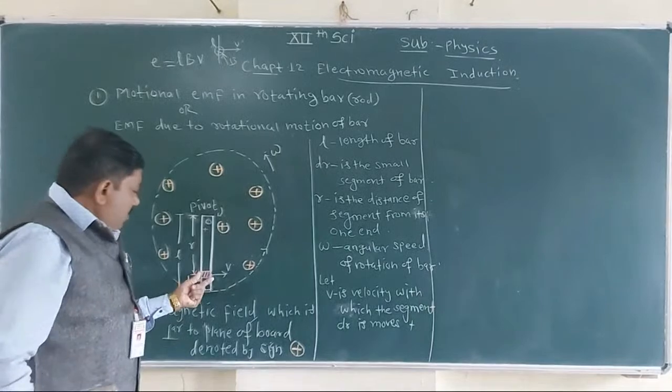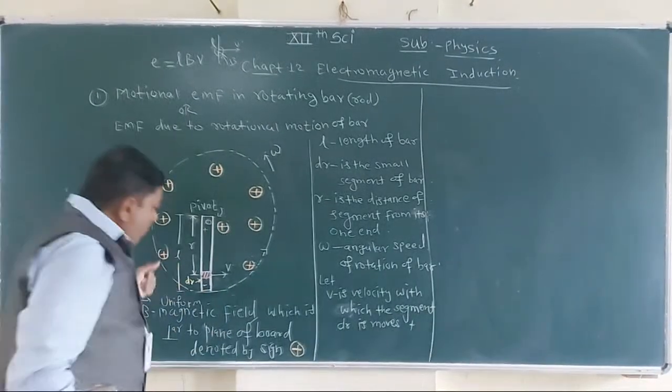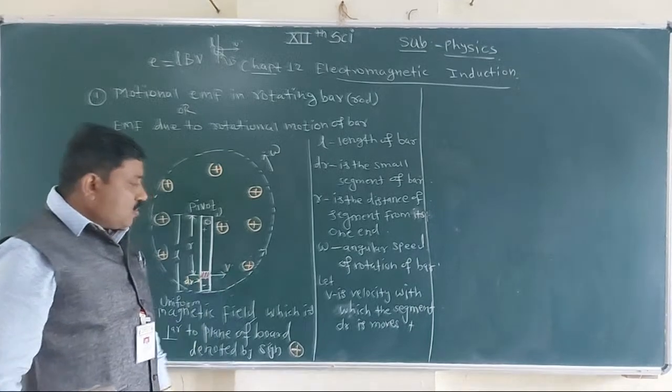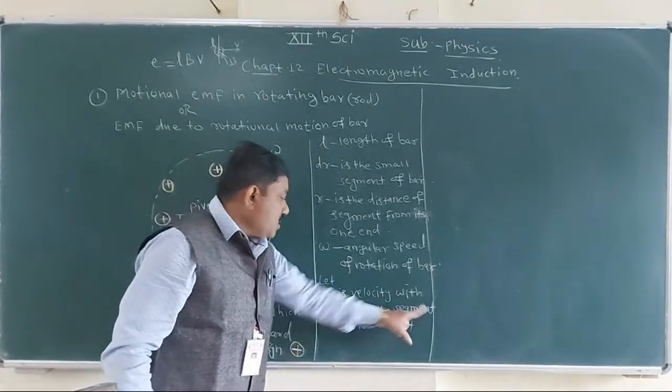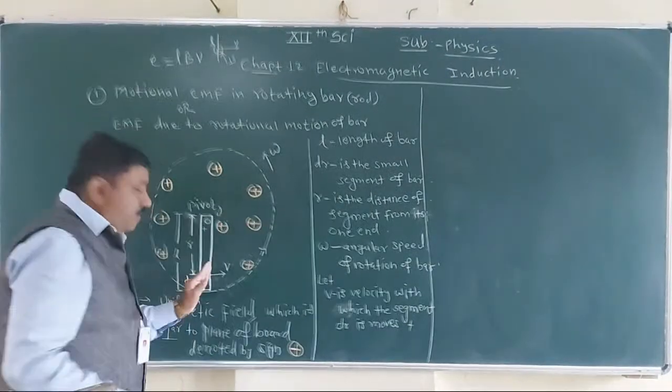So when the small segment dr is moving with the velocity v, so v is the velocity with which segment dr moves towards right. Say that right.